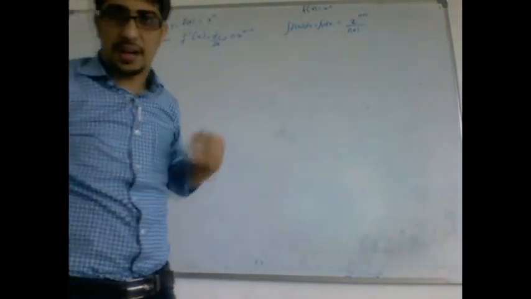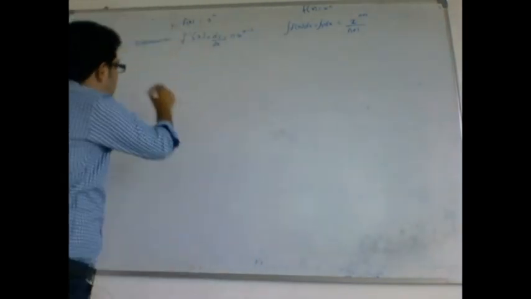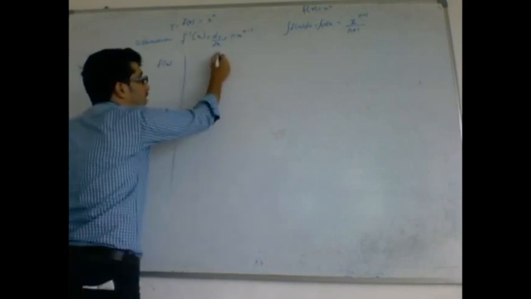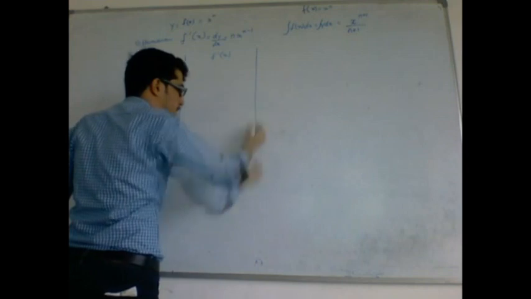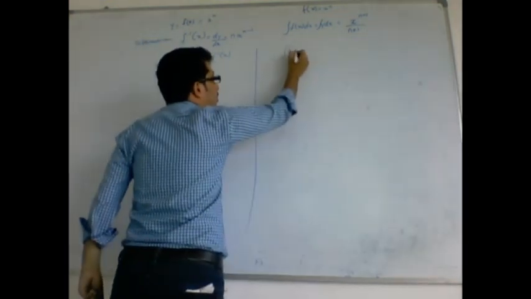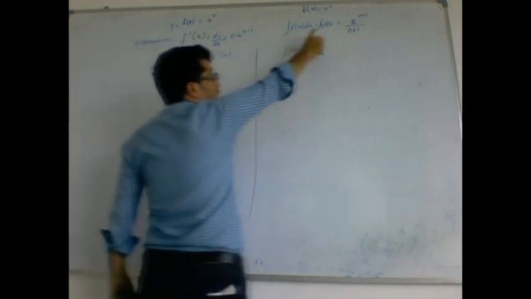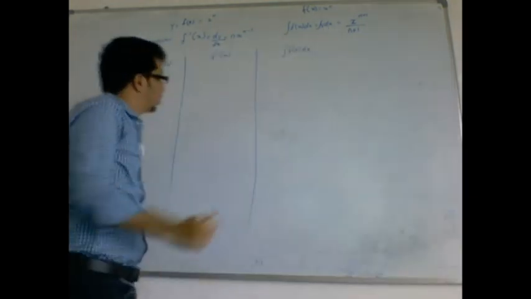Okay. So I am giving you some sums for practice. This is the question f of x. Here I will write differentiation f dash x. Here I will write integration of f x dx. In differentiation dx will come down, in integration it will come in product.